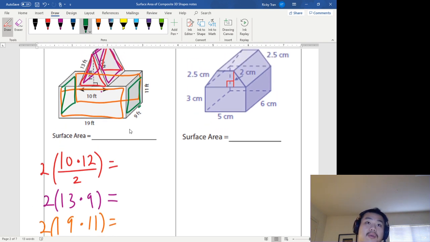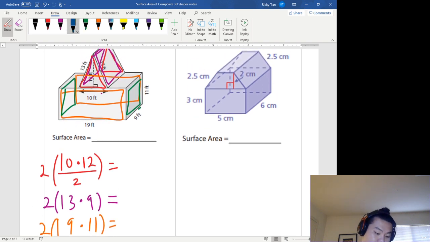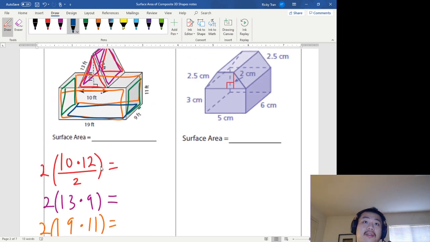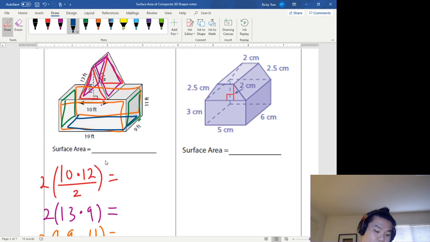All right, and then we have the bottom one here, which is going to be 19 times 9, and there's only one of those. Then we have this part right here, which is going to be the difference of dark blue and this bottom rectangle, which is going to be 10 by 9.